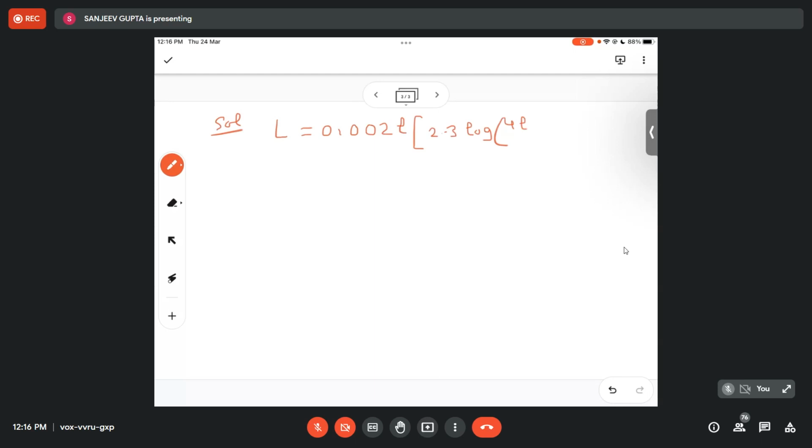It is given as 4L by D minus 0.75, in microhenry. That means L is given in microhenry, where L is the length of the wire in centimeter, which we have just converted, and D is the diameter of the wire in centimeter.